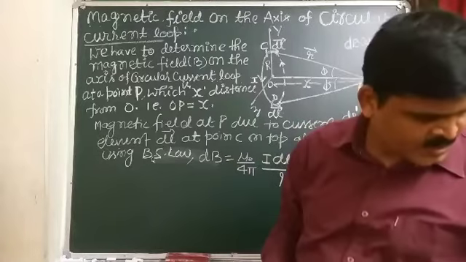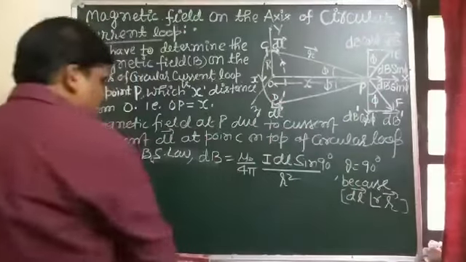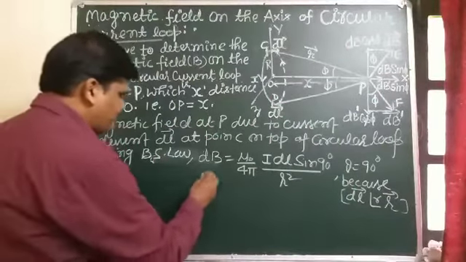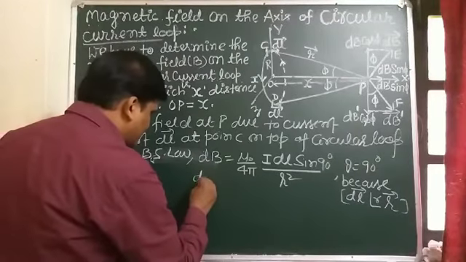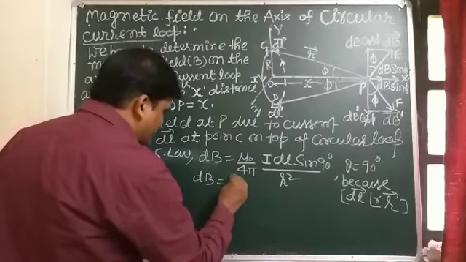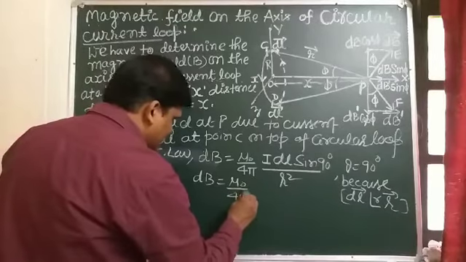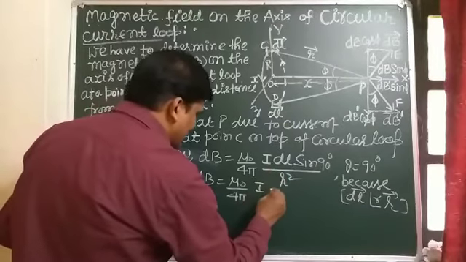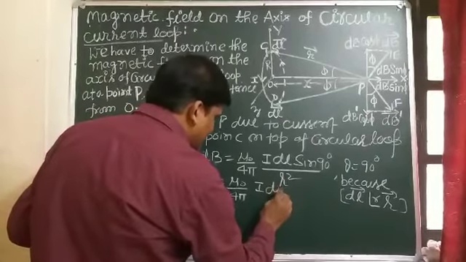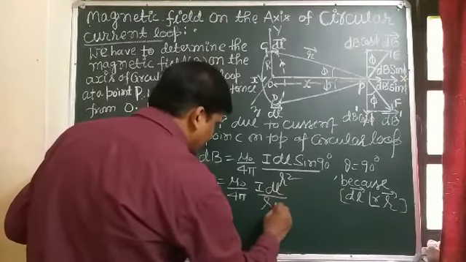So this can be written as dB equals mu naught by 4 pi, I dl by r square.